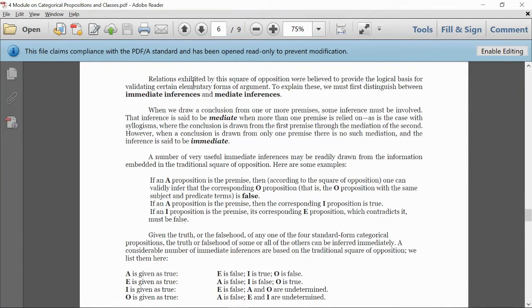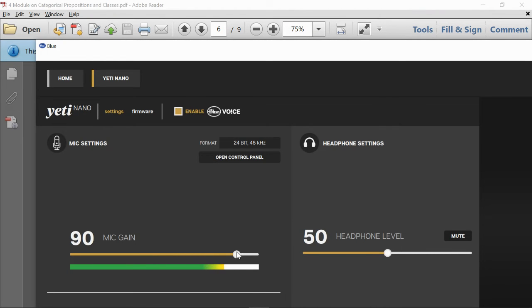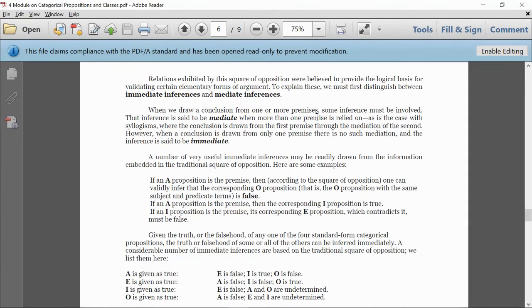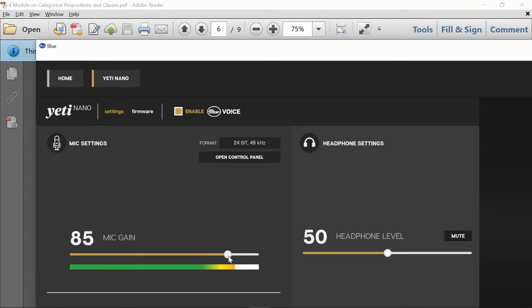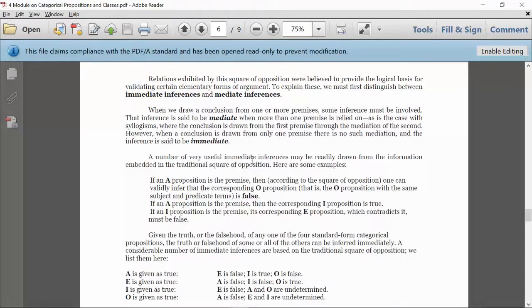So the relations exhibited by this square of opposition were believed to provide a logical basis for validating certain elementary forms of argument. To explain this, we must first distinguish between mediate inferences and immediate inferences.